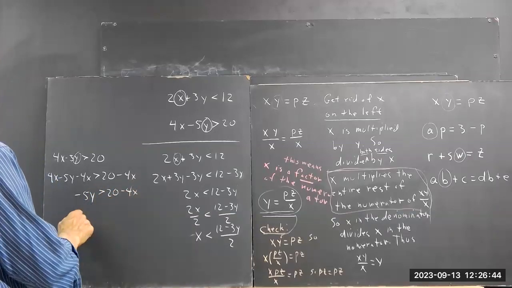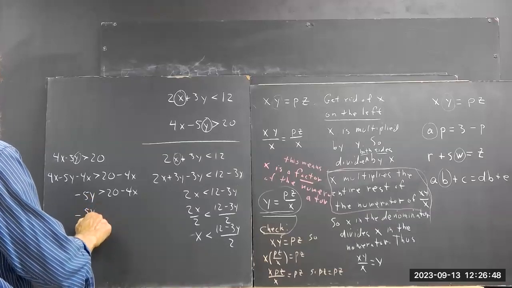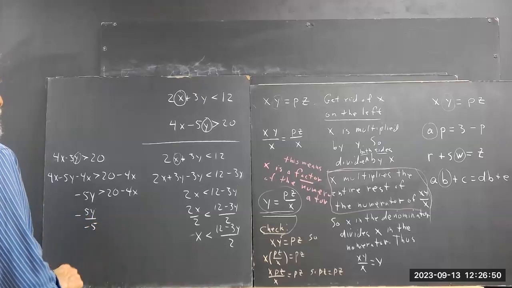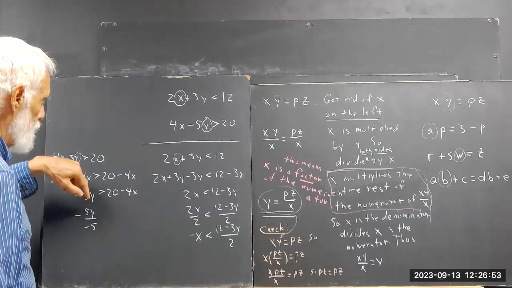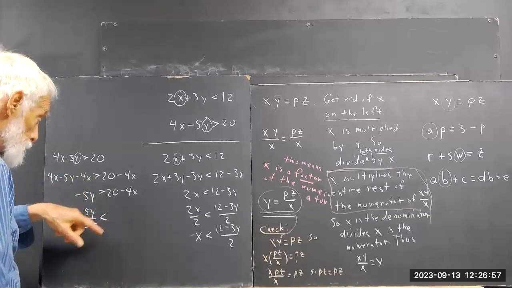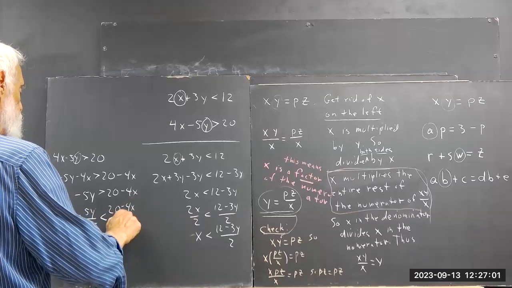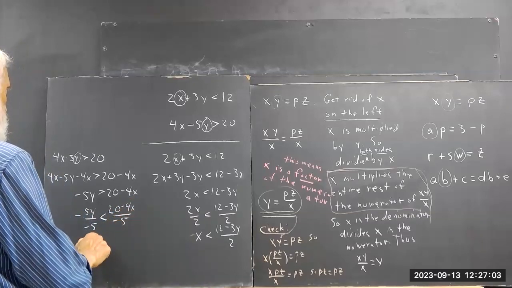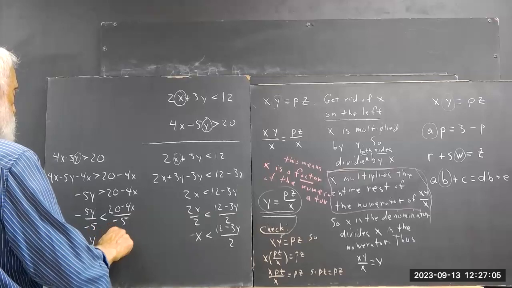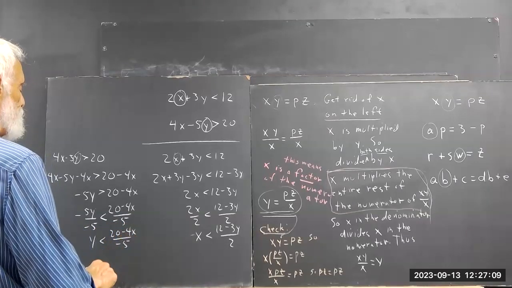Now we want to divide both sides by negative 5. So we do negative 5y over negative 5. If we multiply or divide by a negative sign, the inequality reverses. So we've got to reverse the inequality. We have 20 minus 4x over negative 5. And this leaves us y less than 20 minus 4x over negative 5.